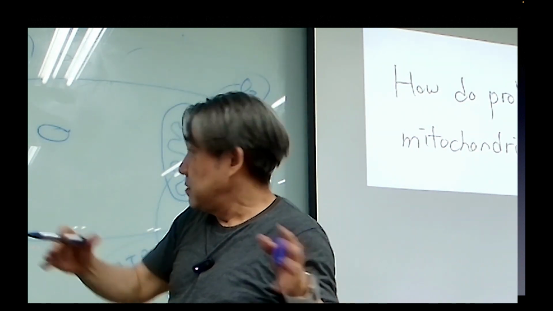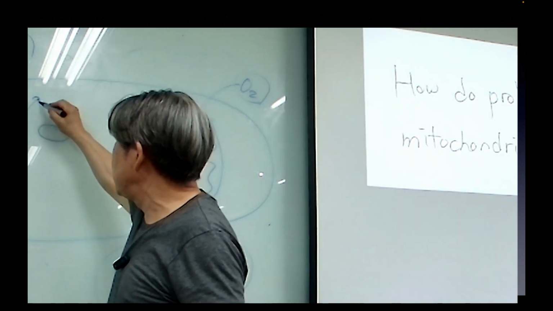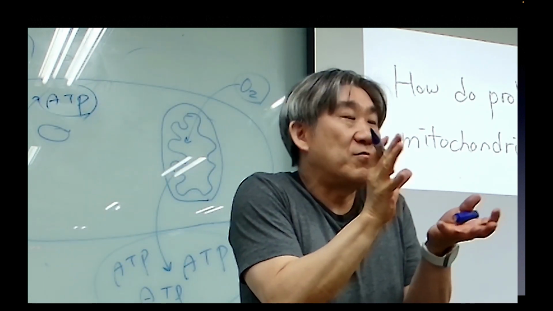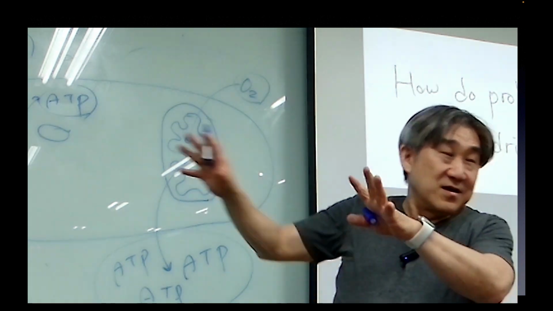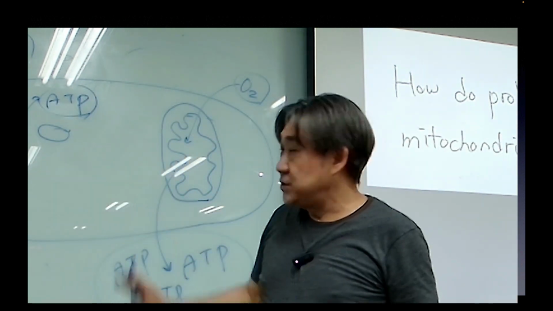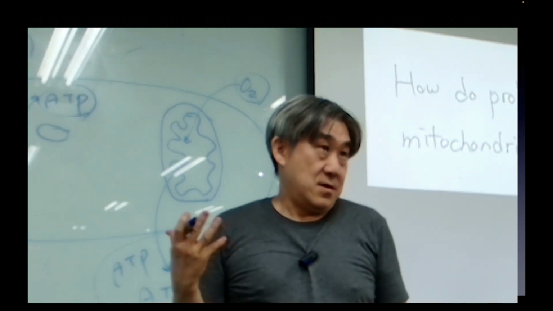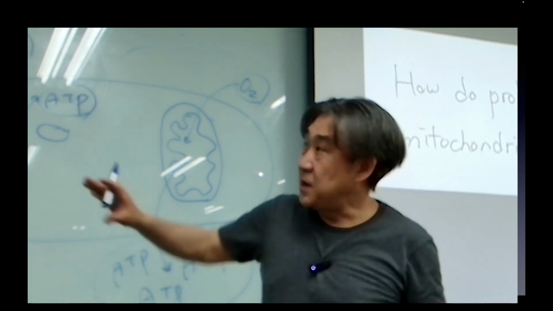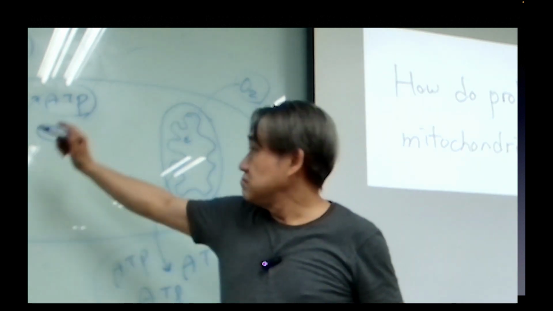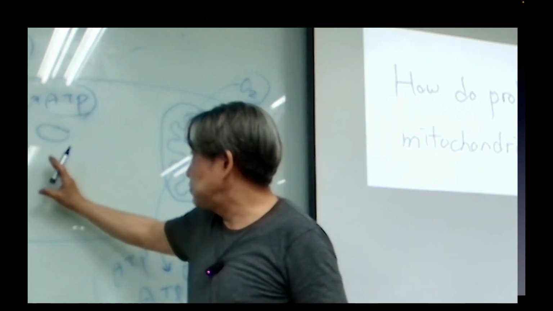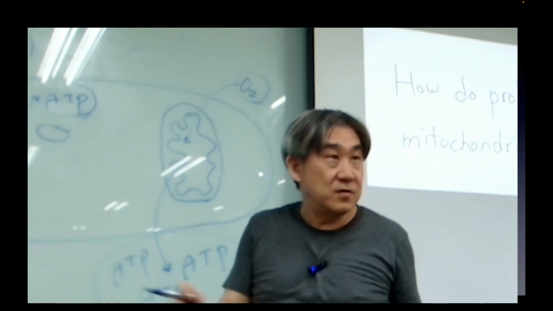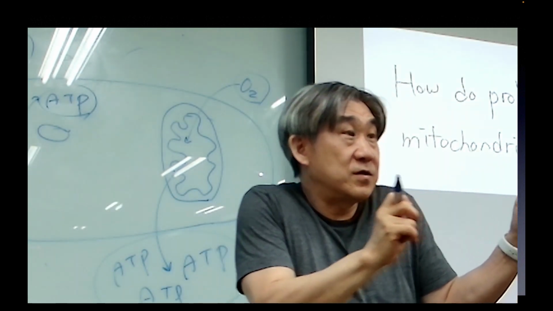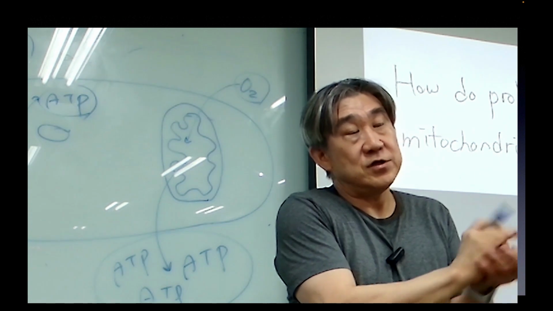During the procedure, a small amount of ATP can be generated, although that amount is not nearly enough for a eukaryotic cell to survive and maintain its life. But for prokaryotes, this small amount produced outside of mitochondria may be sufficient for them to survive, because their energy demand is very small.